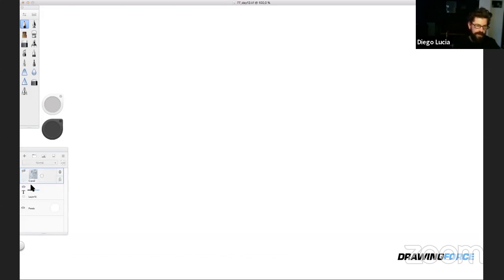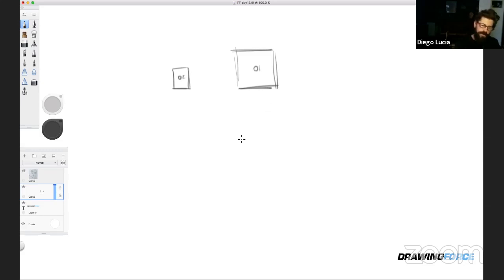So let me pick up where you left off, Mike, with sizes. For example, we can have this square and this other square here. So we have two objects, object 1 and object 2. You can start thinking, okay, this is bigger so it's closer, this is smaller so it's further away.